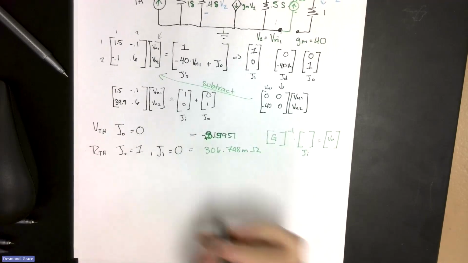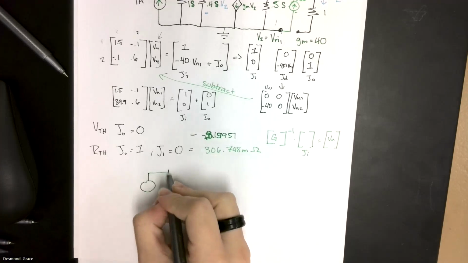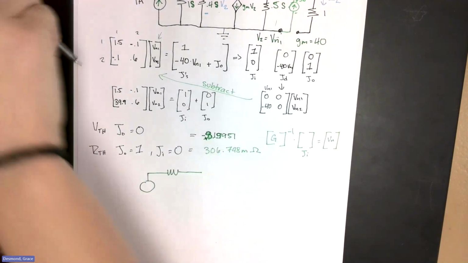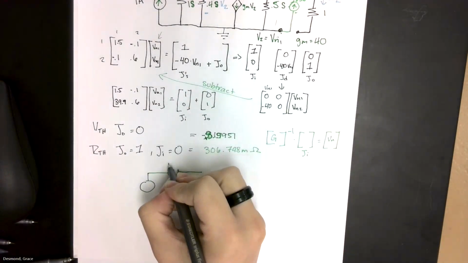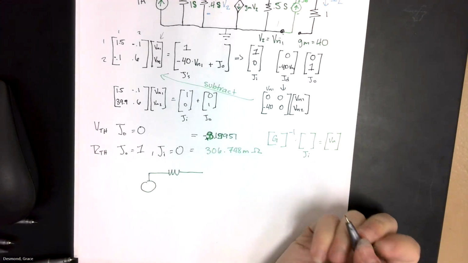Let's go ahead and draw it. So we have a voltage source and we have a resistance. We know what that resistance is going to be, right? Y'all want me to do 306 milli or just 0.306?